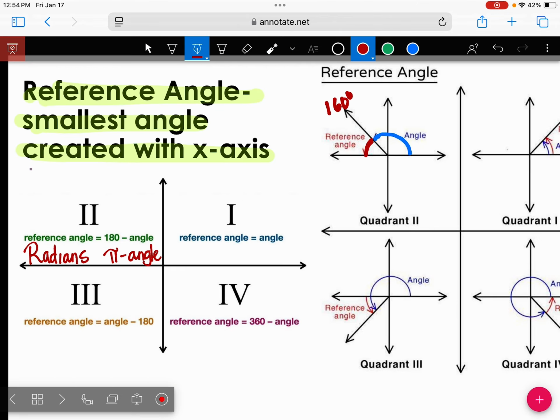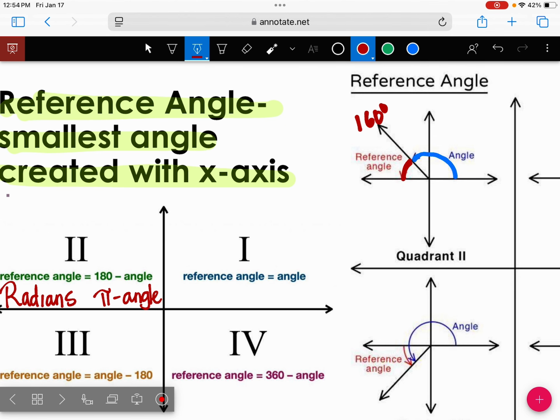So going back to this example, if it was a 160 degree angle, my reference angle would be a 20 degree angle. That's the shortest angle with the x-axis.